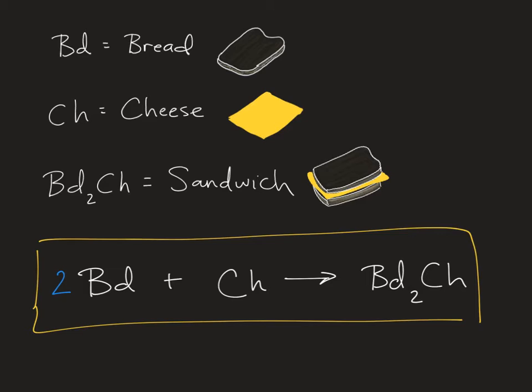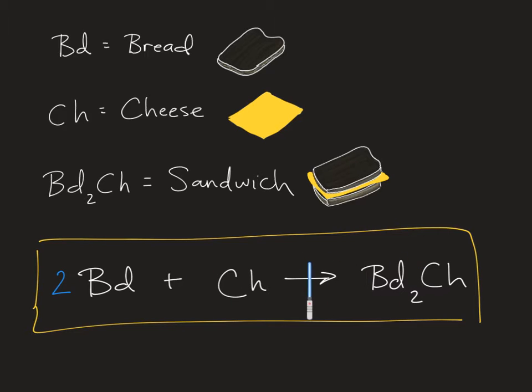Okay, so when we make a grilled cheese sandwich, we need bread, cheese, and then we combine the bread with the cheese to make our sandwich, right? Of course, we grill all this stuff, and then we're ready to go. So we're going to be using this setup down here.